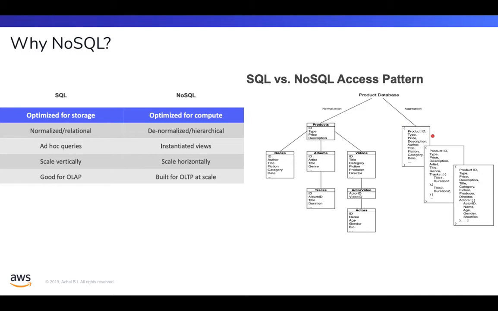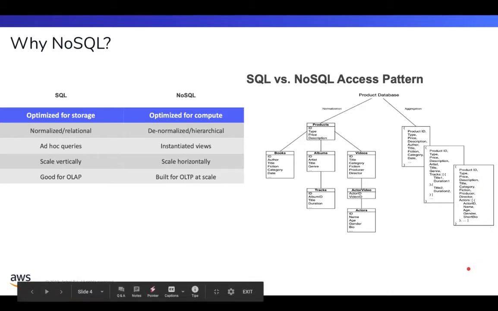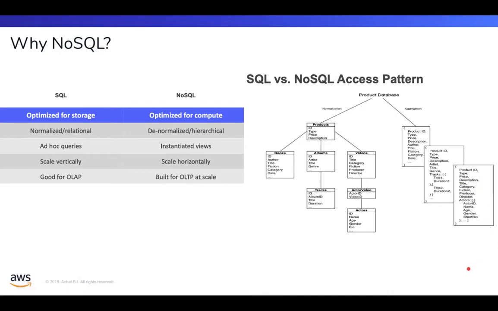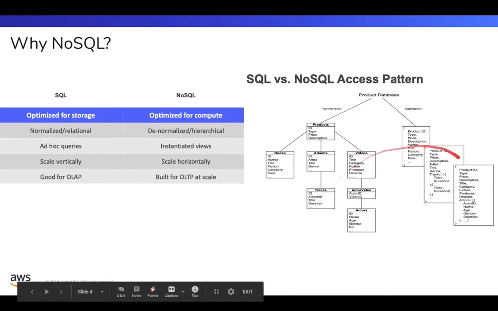But if you see the NoSQL access pattern, you find most of the data fits inside a single table with a hierarchical approach. We'll see more about the hierarchical approach and some of its benefits.